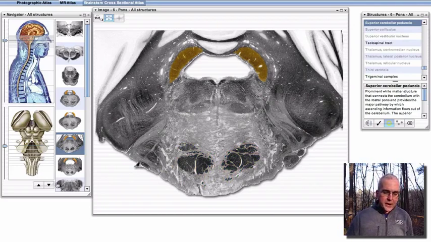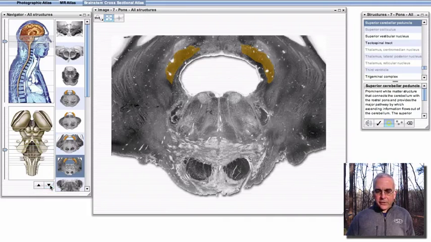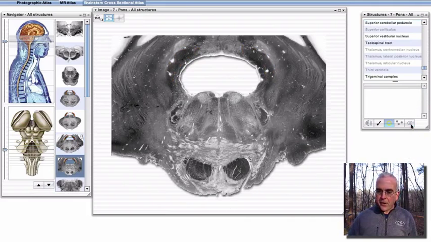All right, so let's go down one section, which is the level of the caudal part of the pons. And I'll deselect the superior peduncle here for a moment and show you some other features that are present in the tegmentum of the pons, again starting with cranial nerve nuclei. So now we have a different division of our trigeminal nuclear complex.